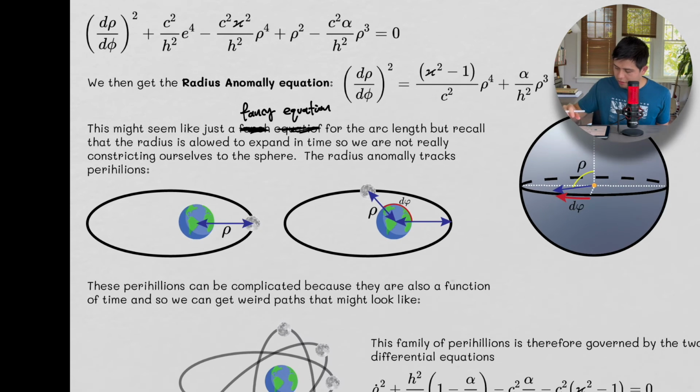Equation for the arc length, but recall that the radius is allowed to expand in time, so we're not really constricting ourselves to a sphere. The radius anomaly tracks perihelions, right?